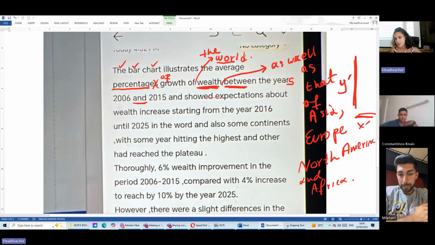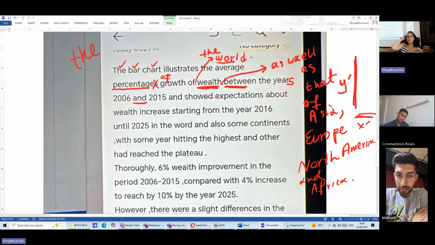And showed expectations about wealth increase. Michael, when we say something for the first time, we don't use the. When we say something for the second time, we have to use a definite article because it's not the first time it appears.